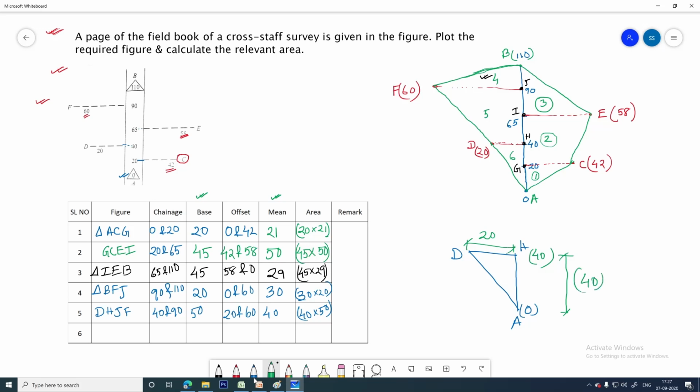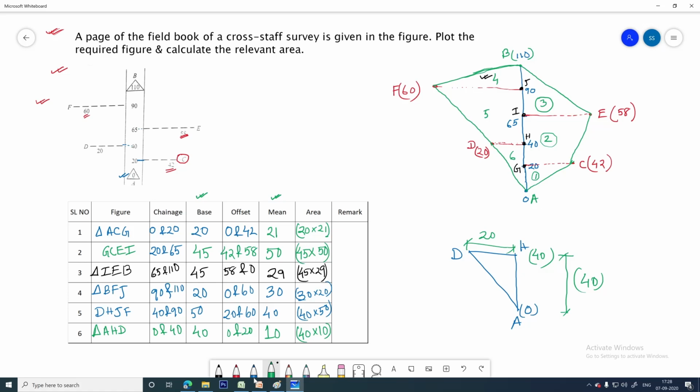So this is triangle AHD, and the chain edges are 0 and 40. The base value is 40, the offsets 0 and 20, and the mean will be definitely 10. So you can multiply 10 into 40. So this is actually the area.